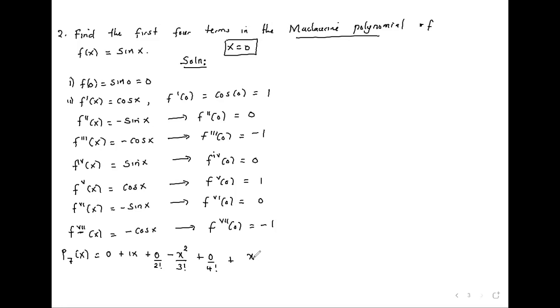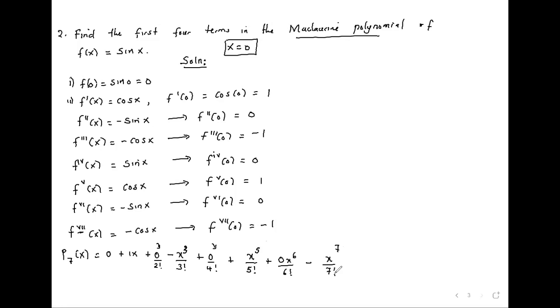This is supposed to be x cubed. Well, this was x squared here, then x to the 4 here, x to the 5 here, x to the 5 over 5 factorial, and then plus 0 x to the 6 over 6 factorial, minus x to the 7 over 7 factorial.